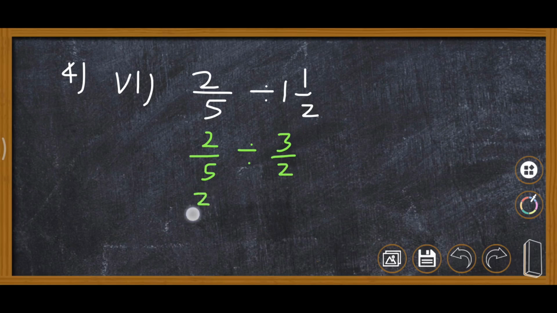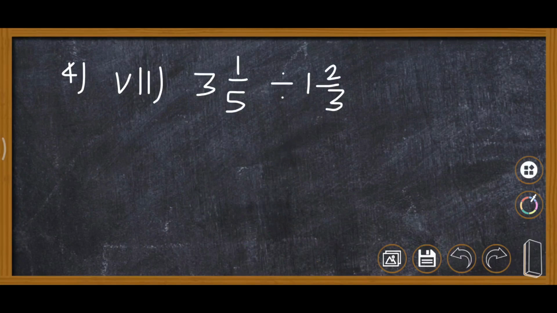Now divide changes to multiply, and this 2 upon 3 becomes 3 upon 2, then 2 upon 3. Now here you can see 2 2s are 4 and 5 3s are 15. So answer is 4 upon 15.